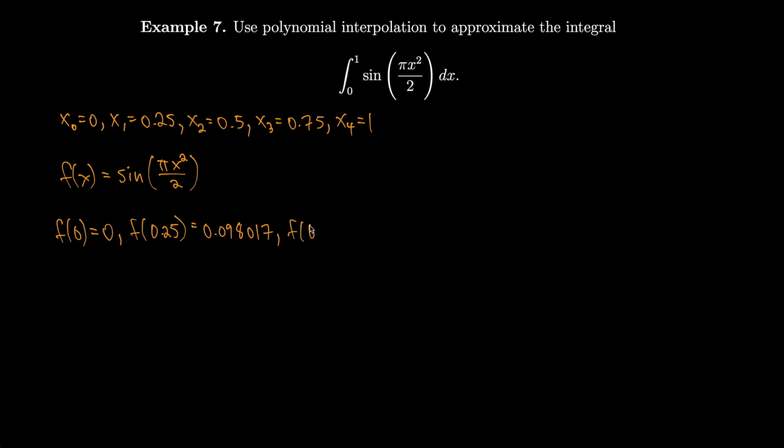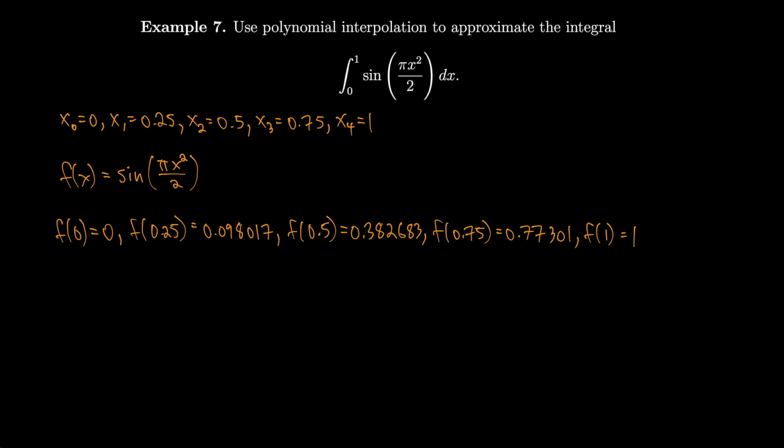F of 0.5 is 0.382683. F of 0.75 is just 0.77301, and f of 1 is 1. That's just what you get by using a calculator for the integrand.